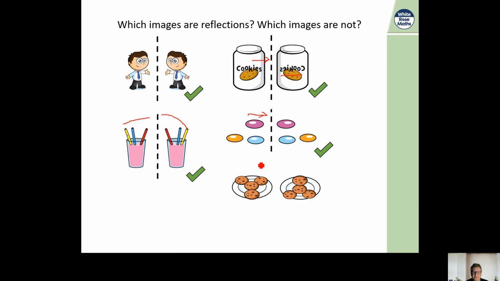So what about the last one? So what happened there? There are a couple of points, really. One, it didn't have a mirror line.